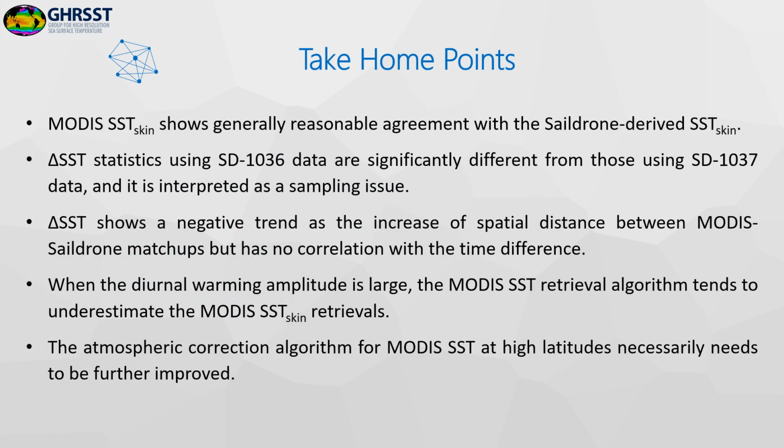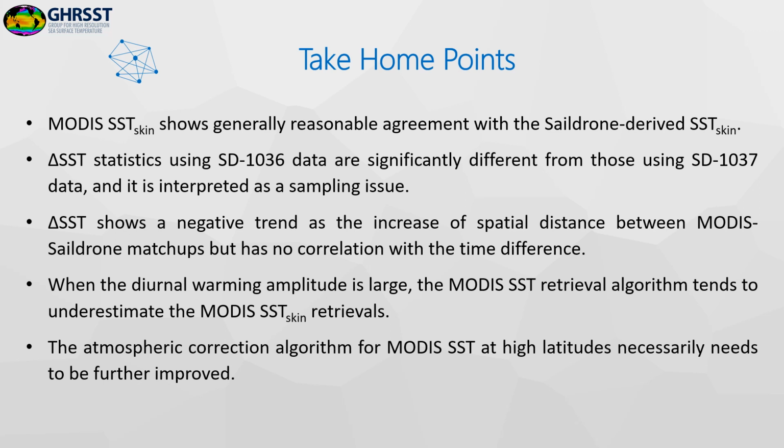Now let's make a summary. Firstly, the MODIS skin SST shows generally reasonable agreement with the Saildrone-derived skin SST. The delta SST statistics using 1036 data are significantly different from those using 1037, which is explained as a sampling issue.